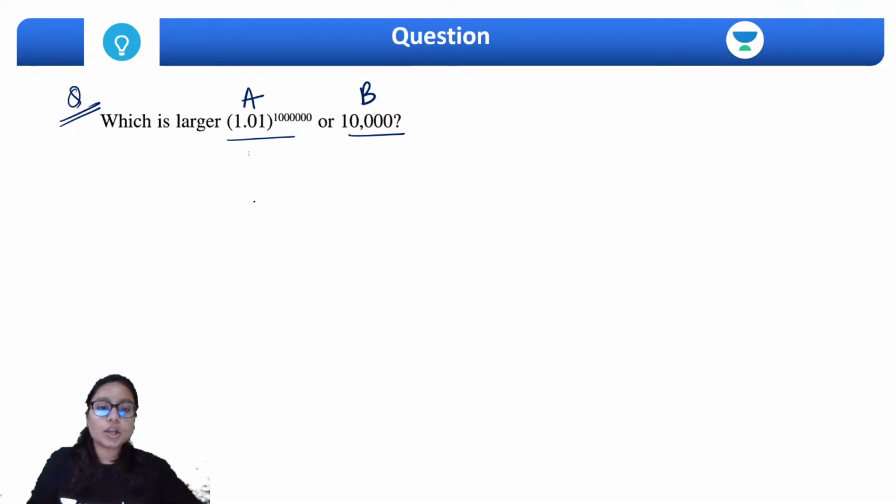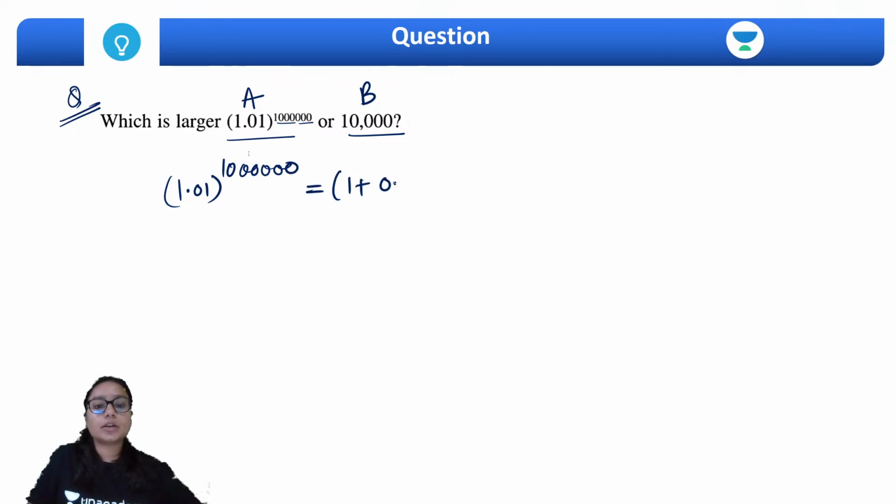Why? Similar logic as we did in the previous question. I can write this number, how many zeros here? 6. So this number can be written as 1 plus 0.01 raised to the power of this. Now this is 1 plus this number plus and so on.